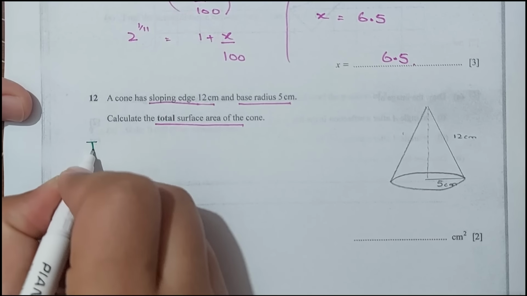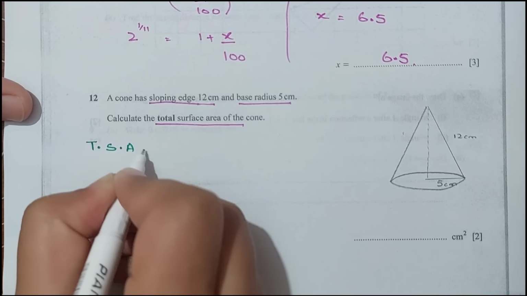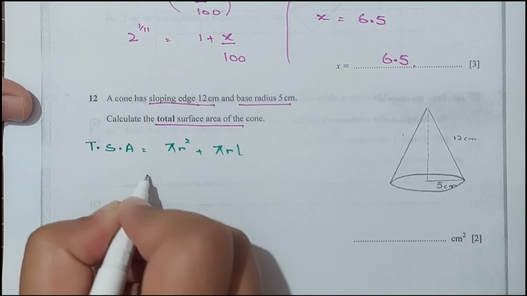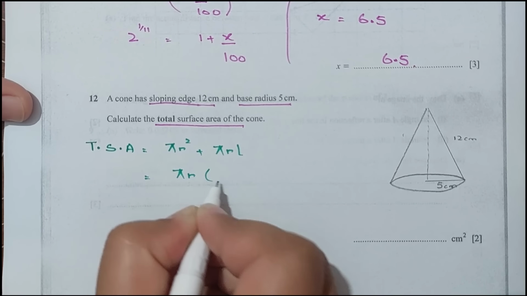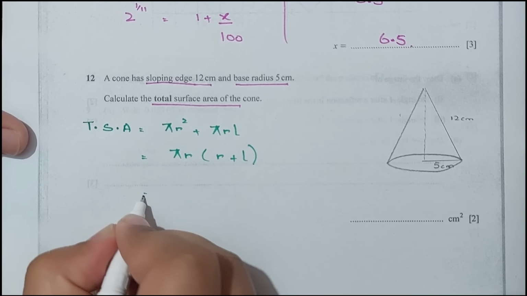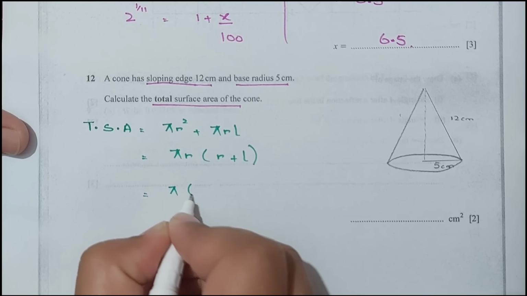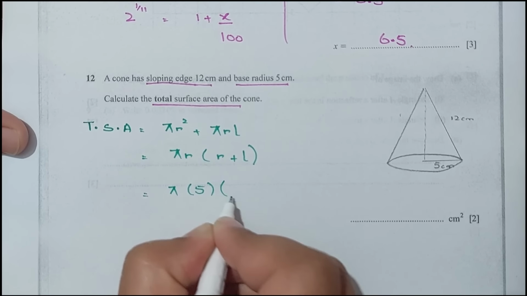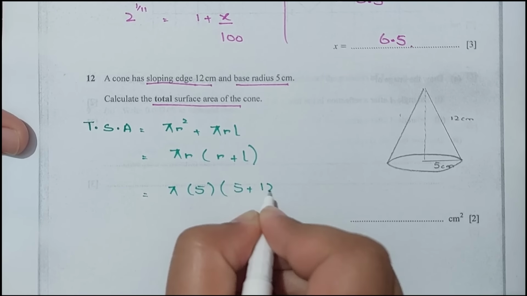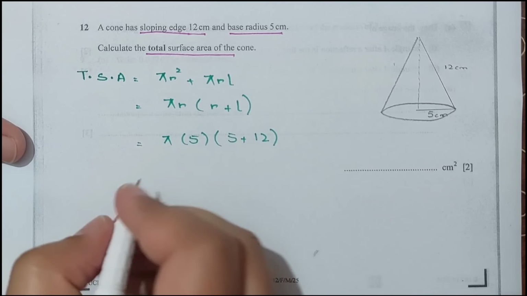So we can say the total surface area of cone is pi r square plus pi r l, or we can say pi r times r plus l. Pi r is common, so r plus l, right? So we have pi, the radius is 5, and 5 plus the sloping edge is 12. No need to solve for the height, it's simple.